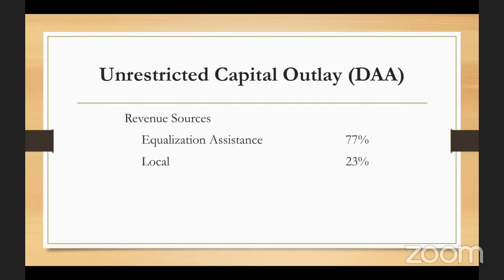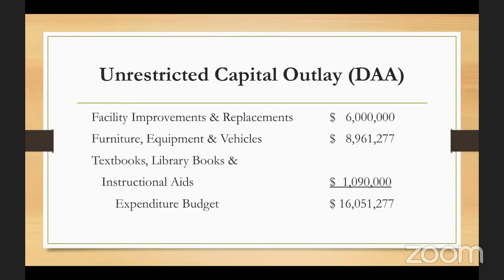The revenue sources, 77% of this will come from state equalization and 23% local funding. Next slide, please. So the funds will be used in the current year and also in future years for facility improvement and replacements, 6 million. For furniture, equipment, and vehicles, about 8.9 million.